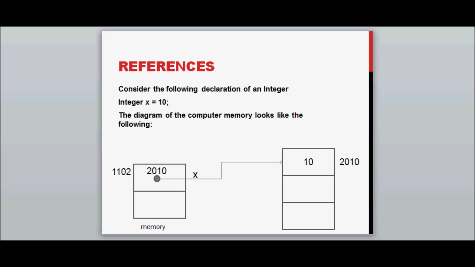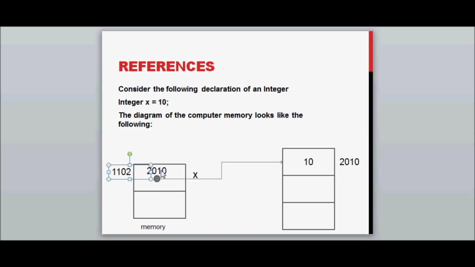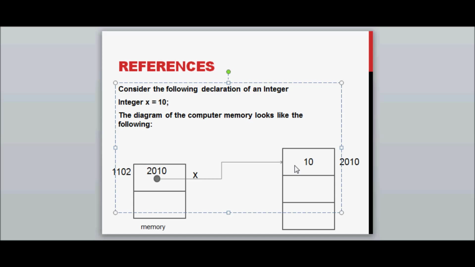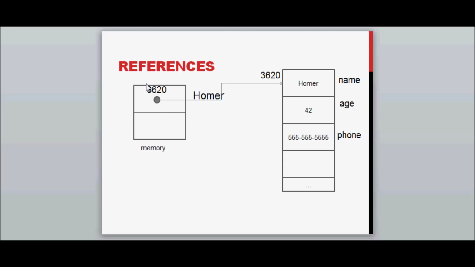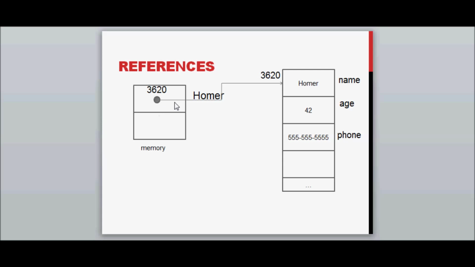So this location references the beginning of where the value is actually being held. For example, in this case, suppose that I had an object here that had a person. A person object, and in this person object, I called this person object Homer. What's actually stored in the local memory here is the location of where the object begins.